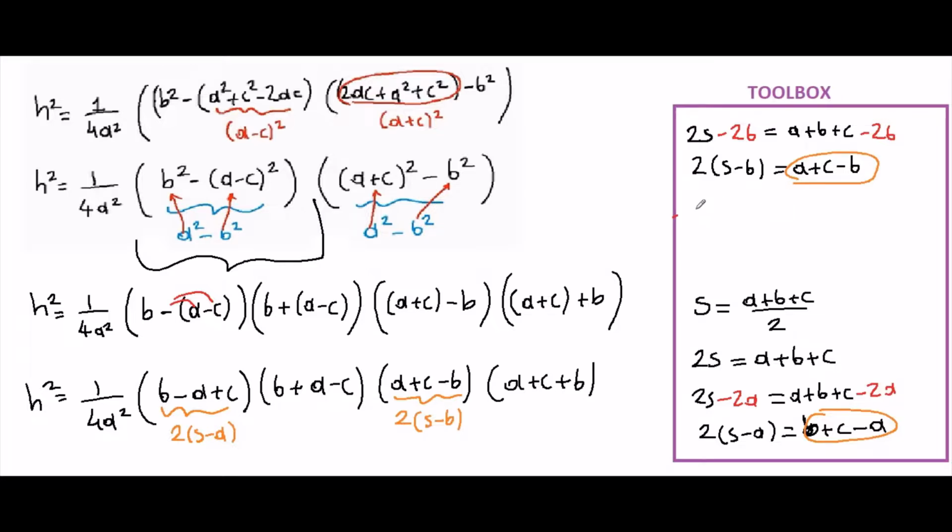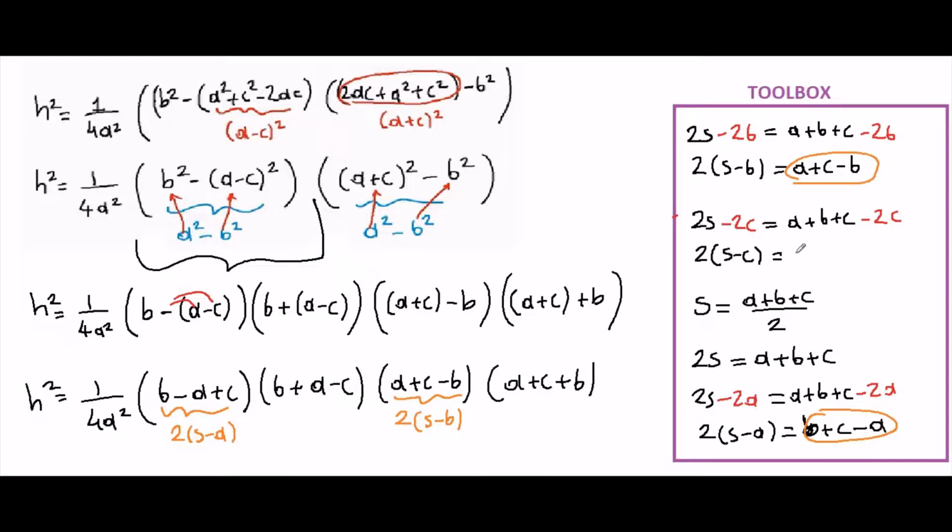Let's continue deriving this. Instead of subtracting 2b, let's subtract 2c on both sides. 2s minus 2c is equal to a plus b plus c minus 2c. And we factor 2 on the left: s minus c.